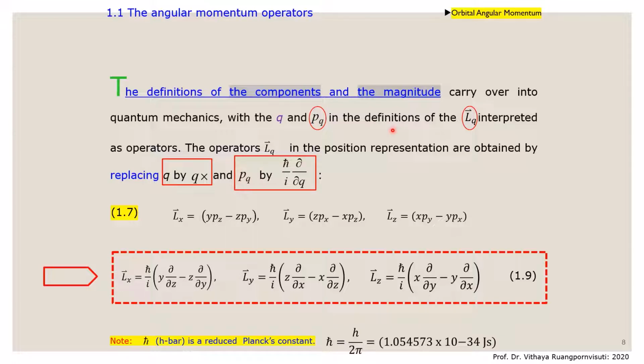Its value is equal to the Planck constant over 2 pi, or equal to 1.054573 times 10 to the power minus 34 joule seconds.